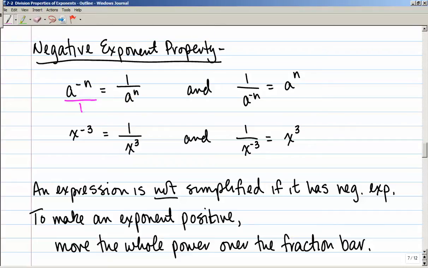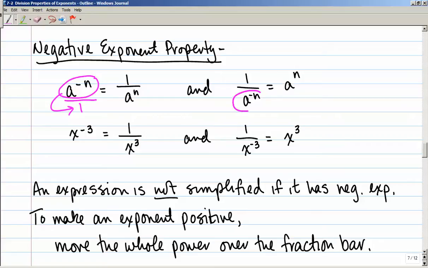A to the negative n is the same thing as though you were putting it over 1. In order to make this exponent positive, I have to take this whole expression and move it down below, like I did over here. Notice there's nothing left on top, but I got to put a 1 there, and my exponent can become positive. Same thing here.